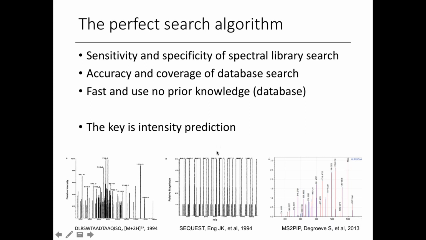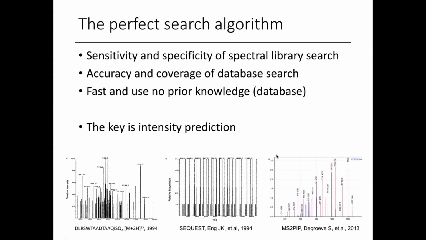These two were published together in 1994. On the right is the prediction made by a program called MS2PIP, published in 2013, almost 20 years later. I'm showing that after 20 years, we can do a pretty good job of predicting the fragmentation pattern, including the intensity. This is not a very fair comparison. I just want to show that we can now do such things.